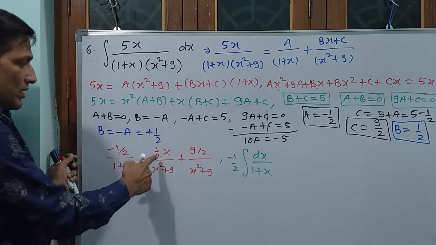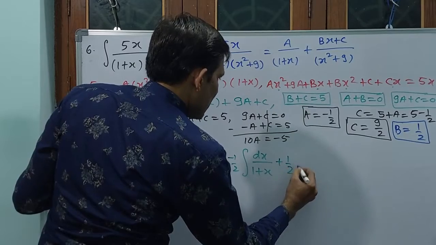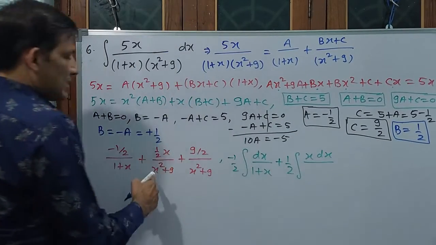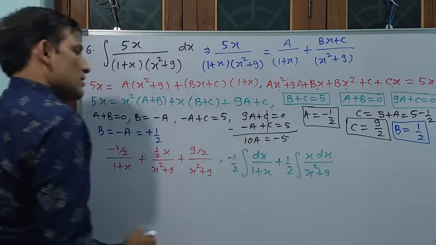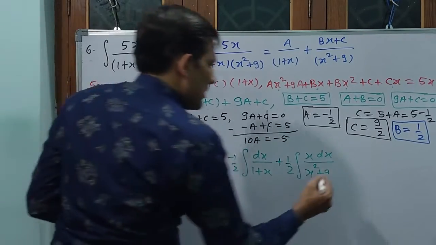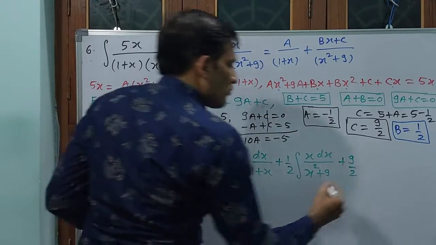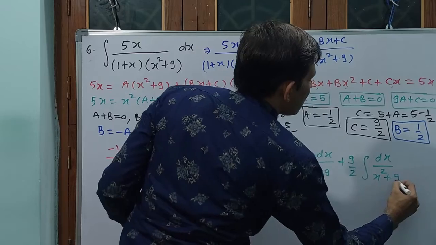Plus 1 by 2 I am taking common, plus 1 by 2 integral x dx by x square plus 9. This is also over. Another one, plus 9 by 2 I am taking common, plus 9 by 2 integral dx by x square plus 9.